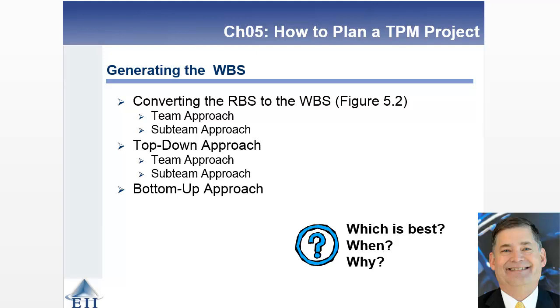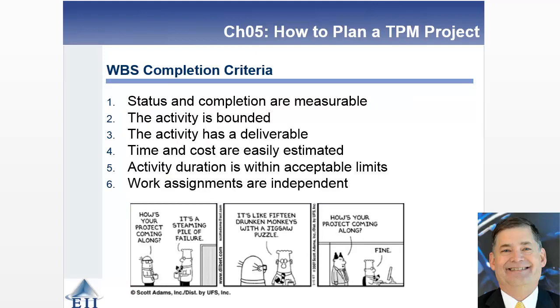The sub-team approach has an advantage of being faster. So if you're under significant time pressure, you may use the sub-team approach. Typically, a team approach is a better approach because everybody understands then the entire work required to complete this project. And likewise, you can break it down where you're doing a top-down approach or a bottom-up approach in terms of building that. It's really a mechanism of style and what you prefer to do on that particular project.